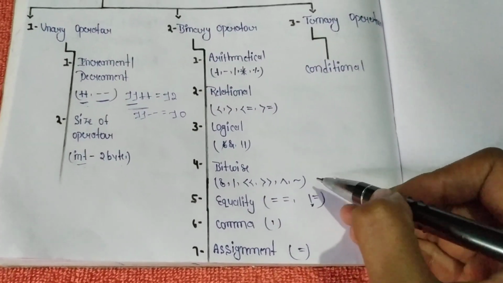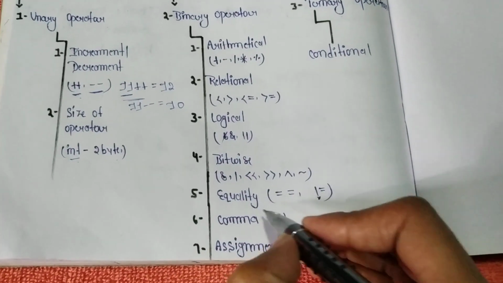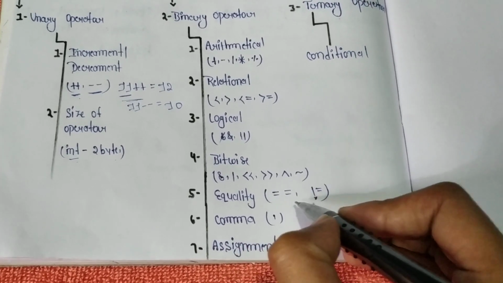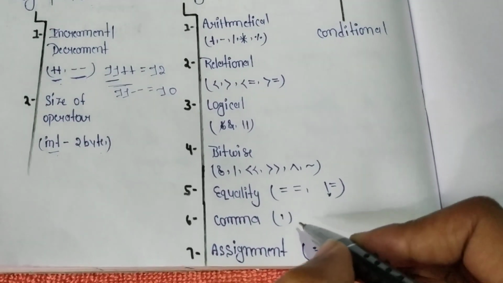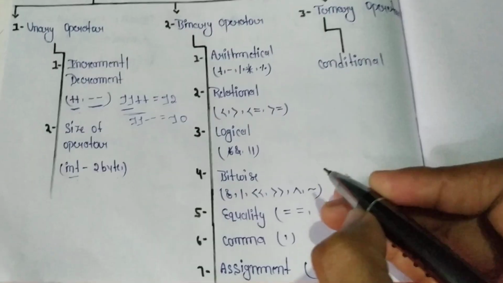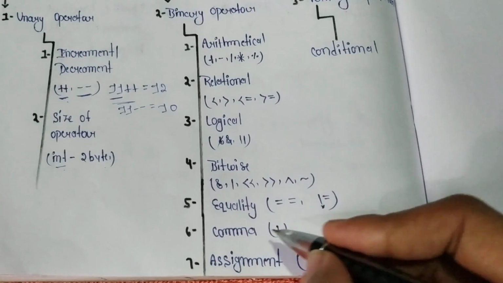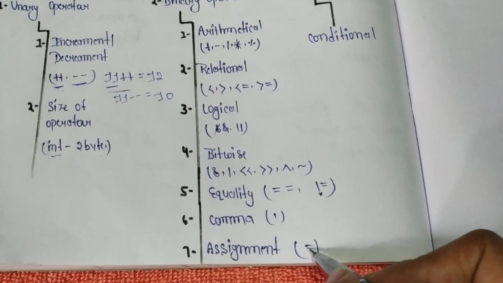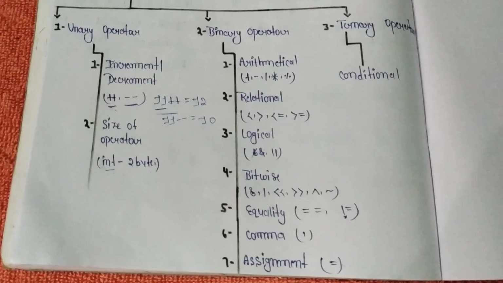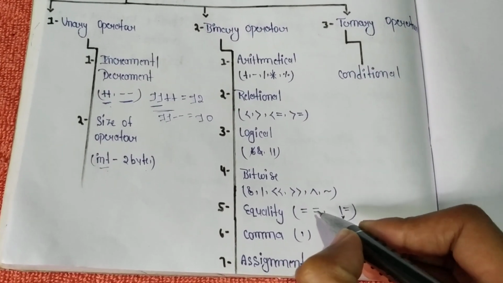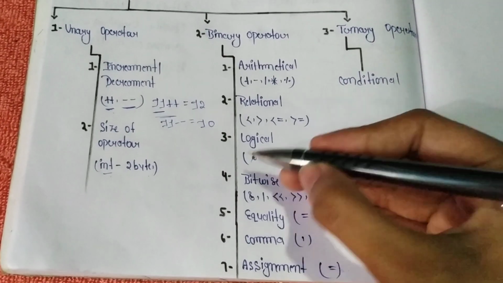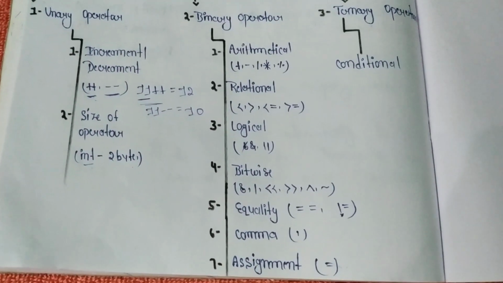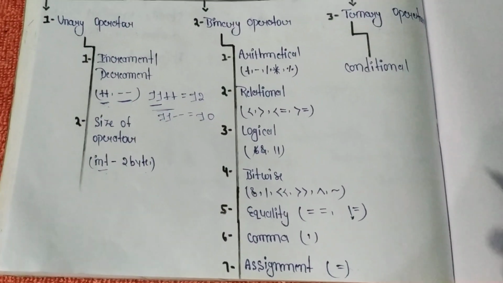The next one is equality, where we include the equal to and not equal to signs. The sixth one is comma, the comma operator. The next one is the assignment operator, the equal to sign. Equality and not equality can also be included in relational operators, if that helps your understanding.